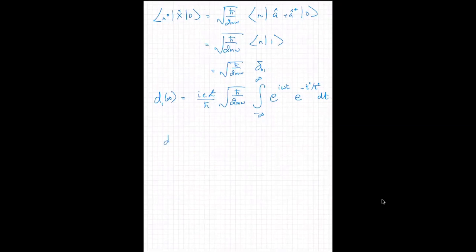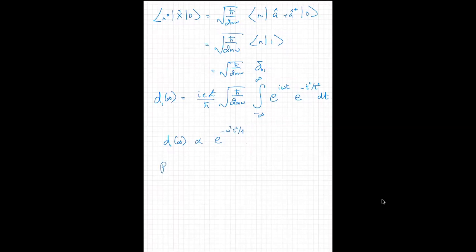So whatever you do, d_1 of infinity would be proportional to something like e to the minus, what would it be? Minus omega square tau square over 4. Okay, you'll have to figure out what the proportionality constant is yourself by doing out this integration.